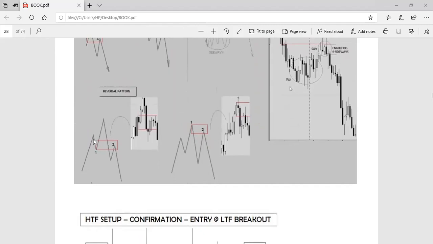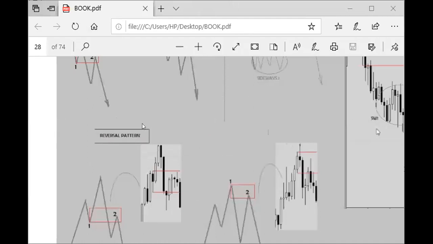That's when price creates a bullish move here, and it comes down to take it out. That's a change in market structure, a change in direction, so you sell it. So let's go to the next item on the manual.